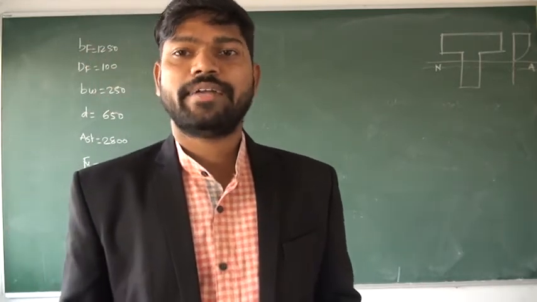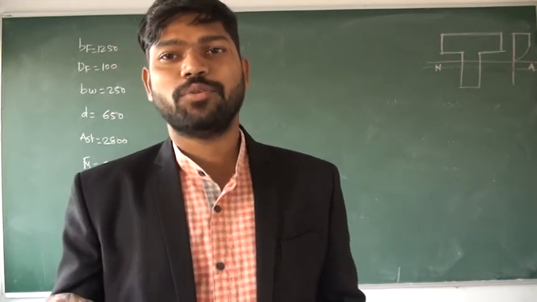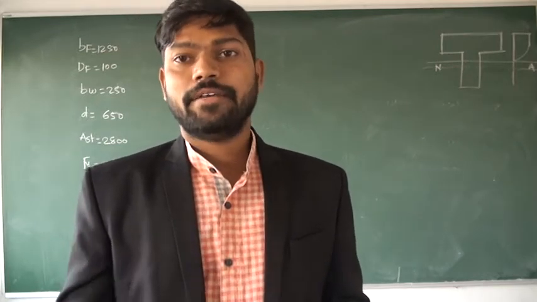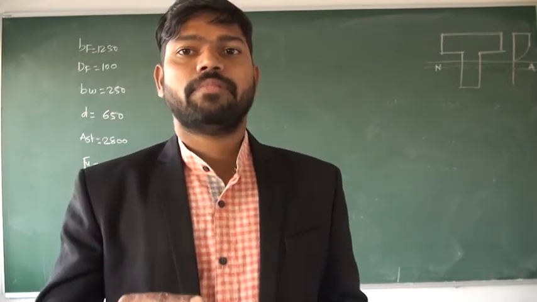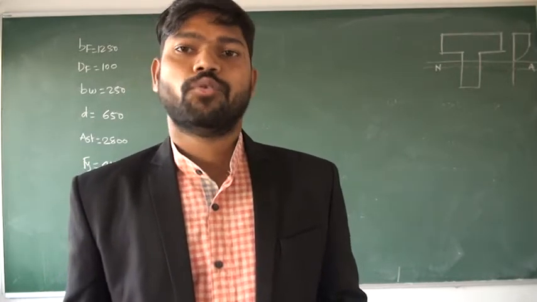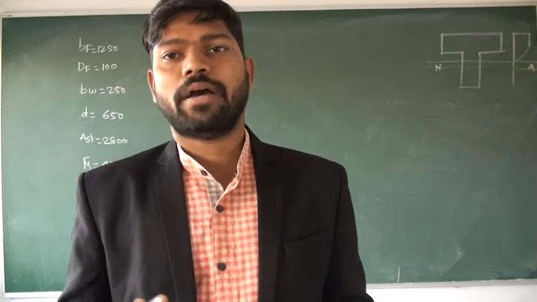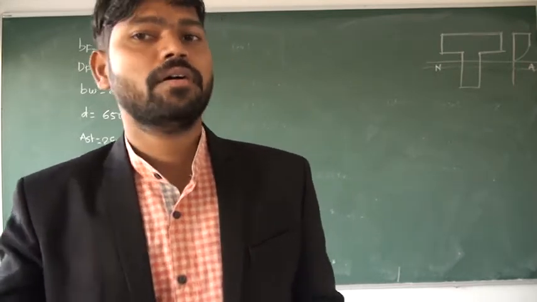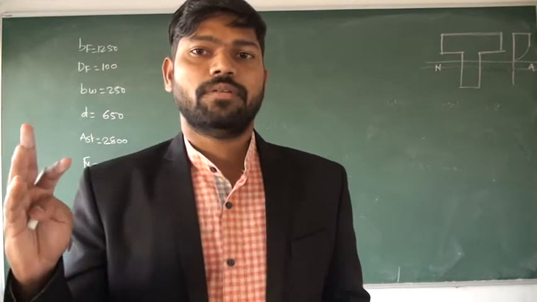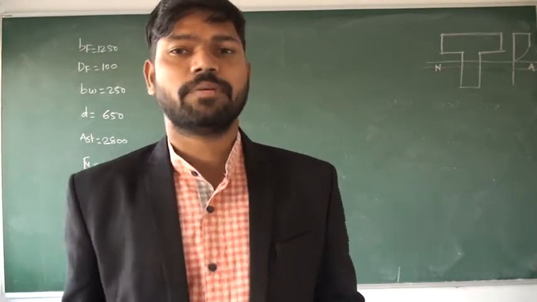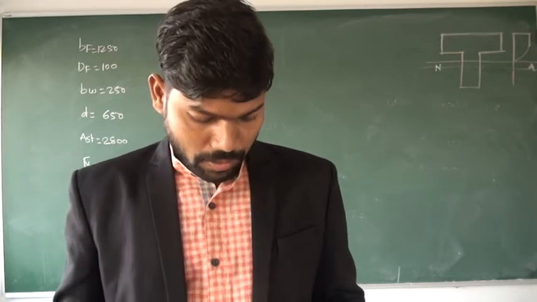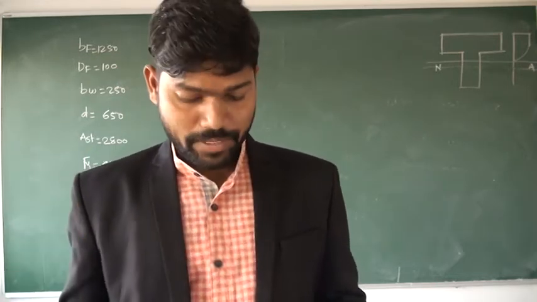Then we will assume that it is from case 2 and solve the numerical. If our value of xu matches our assumption from case 2, then okay. If it is not matching, then we have to proceed for case number 3. If it is not in case 1 and case 2, definitely it will be from case number 3. No need to check. So let us start with the solution.